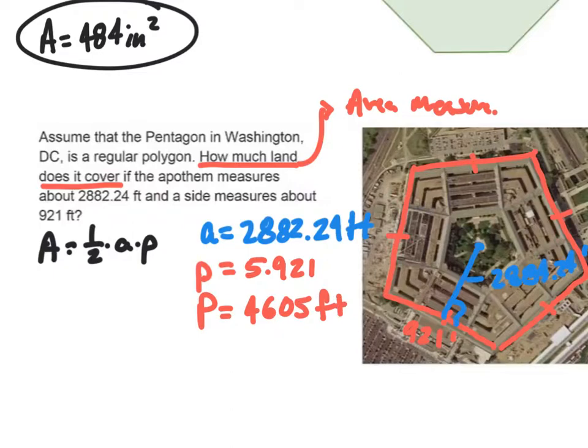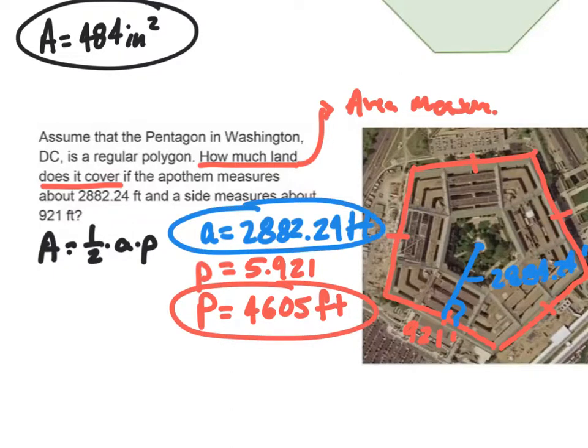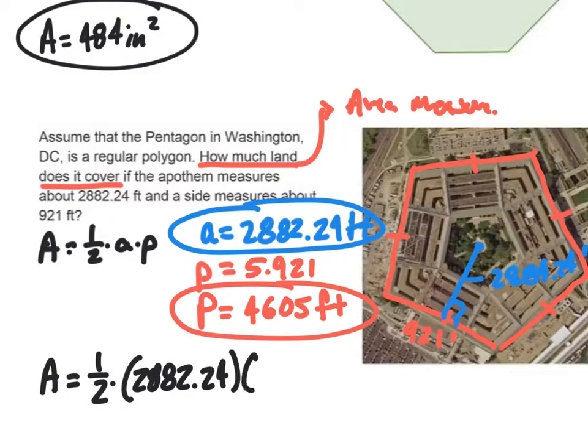Okay, so I have this value and my apothem value, so I'm going to plug it all into my formula. I've got 1/2 times 2,882.24 feet, multiplied by 4,605 feet. I'm going to plug all that into the calculator: take this value, multiply it by 2,882.24, and then times 0.5.